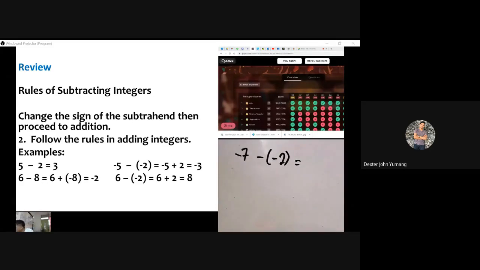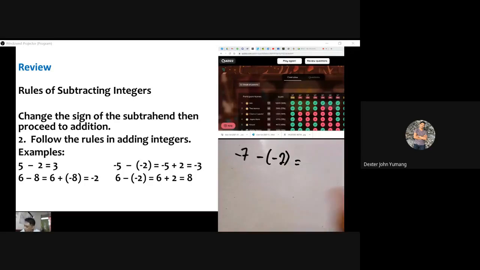We have negative 5. Negative 5, Ashley, Bensley, and Charisse. Okay, negative 5 nga ba from Nico? So, tingnan natin kung negative 5. Same with Chain.